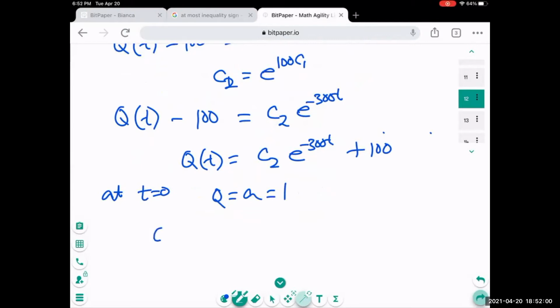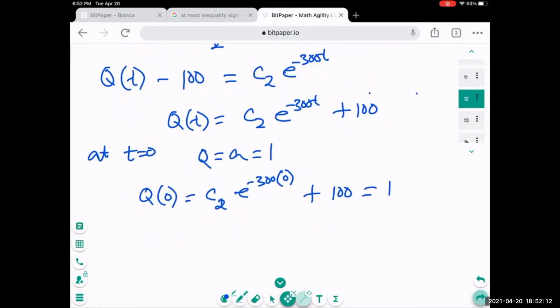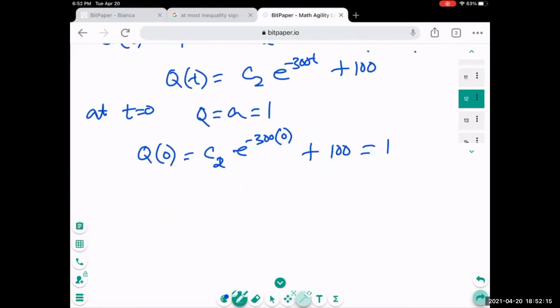So at t equals 0, C sub 2 times e to the negative 300 times 0 plus 100 is equal to 1. So let's solve for C2. So effectively 1 equals C2 plus 100.